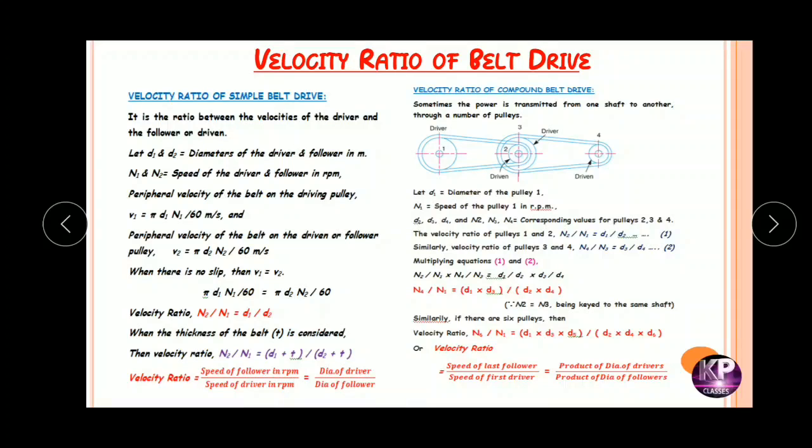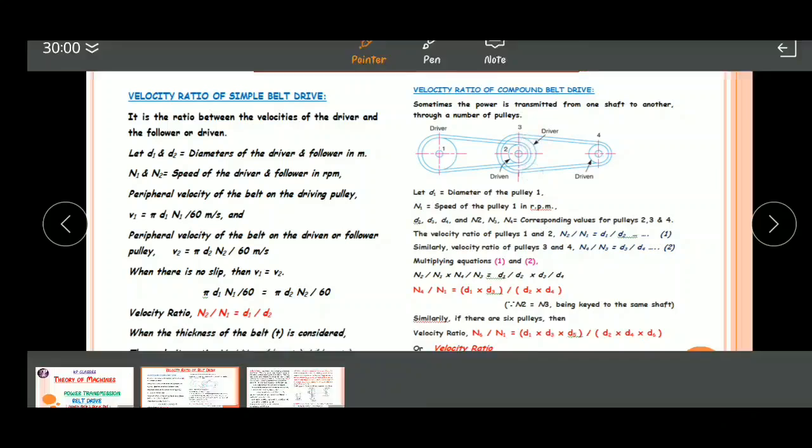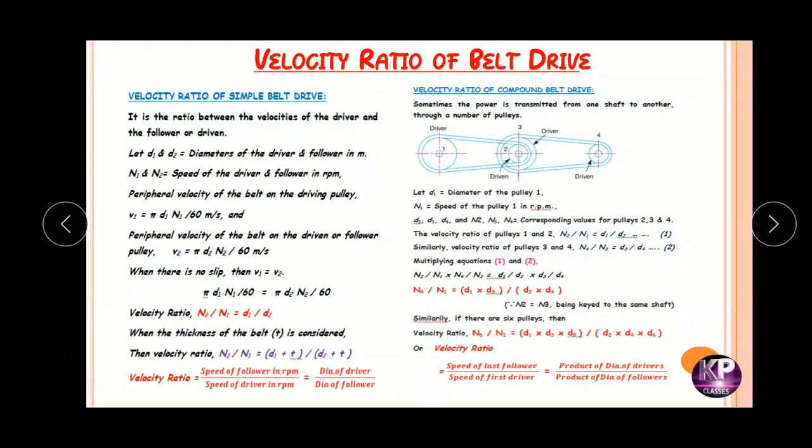Now comes velocity ratio of a compound belt drive. See the figure. Four pulleys are there, 1, 2, 3 and 4. In the arrangement of the first and second pulley, pulley number 1 is the driver and pulley number 2 is driven or follower.